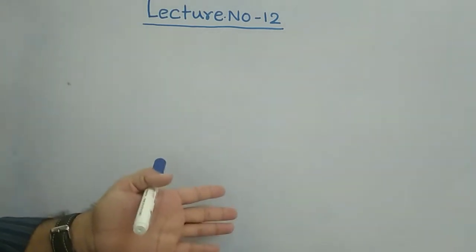Suppose you do not have proper practice and do not remember the formulas, the rules we have seen in block diagram reduction. If you forget those rules, there is a possibility of making mistakes, and then obviously you will get a wrong answer.